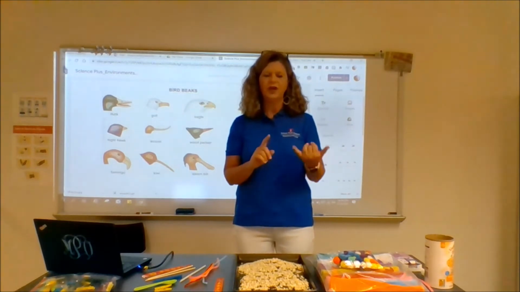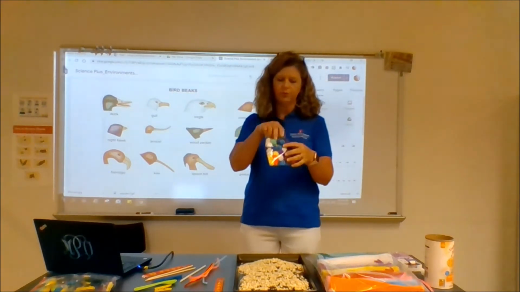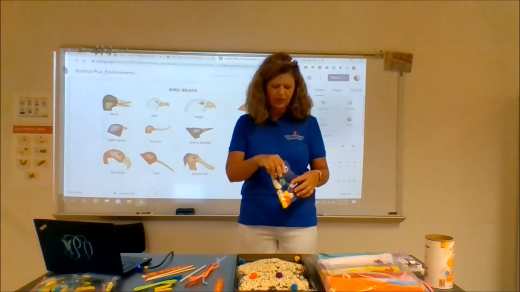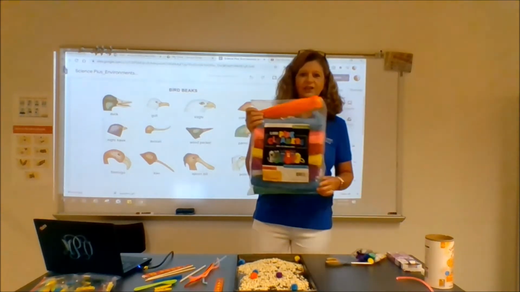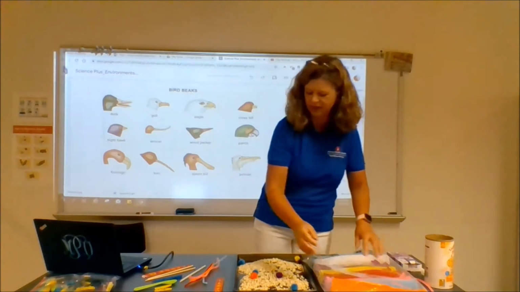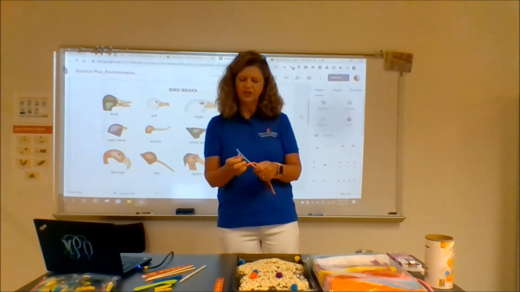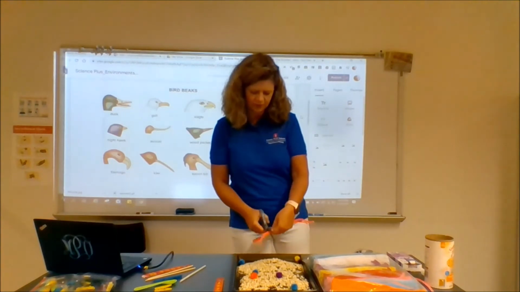You have your glass beads that you can use. You can use your pom-poms to spread around. You have the largest container of pipe cleaners ever. You're going to love this. You can use it for tons of things. With your pipe cleaners, you do want to take a moment and cut those up to represent your worms. So I'm going to cut these up into little pieces to put on here.